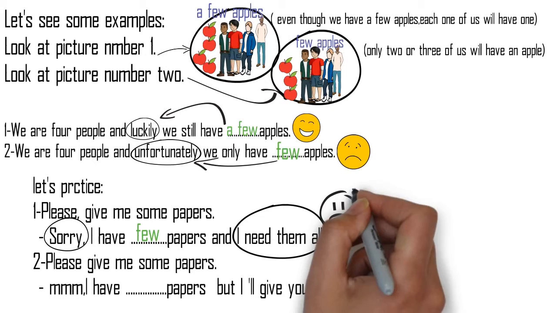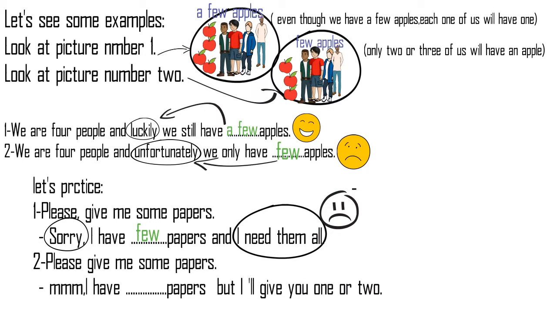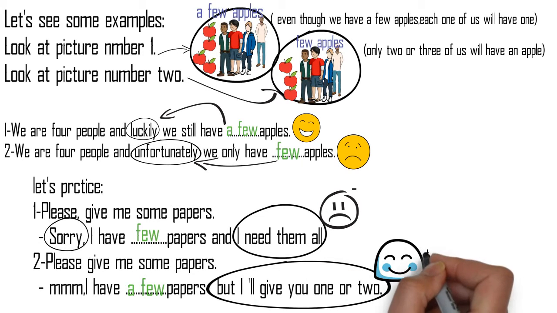It's a negative idea. Look at number 2. Give me some papers. I have a few papers, but I'll give you 1 or 2. Here we're gonna use a few because here the idea is positive. I'll give you 1 or 2.